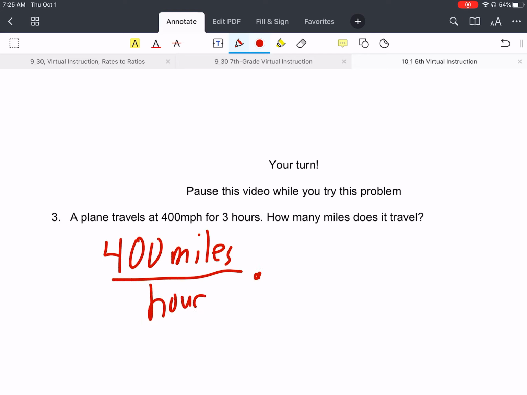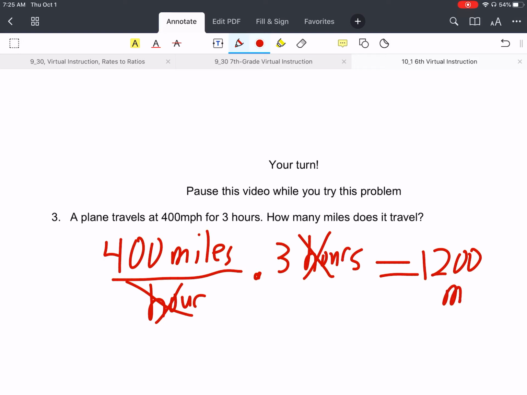You multiply that by 3 hours. That's going to equal, the hours are going to divide and cancel out. That's going to equal 1,200 miles. So you get 1 point for the correct answer and 1 point for showing the division of the hours.